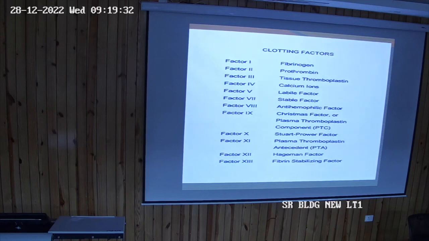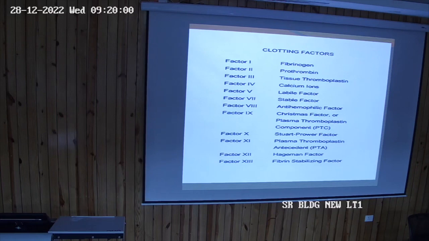As such there is no factor 6, but you have to remember these on the tip of your tongue: fibrinogen, prothrombin, tissue thromboplastin, calcium, labile factor. There are a total of 13 coagulation factors, present in inactive form. Factor 6 is missing. So how many clotting factors overall?